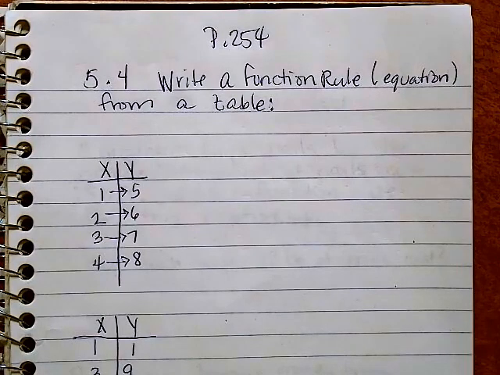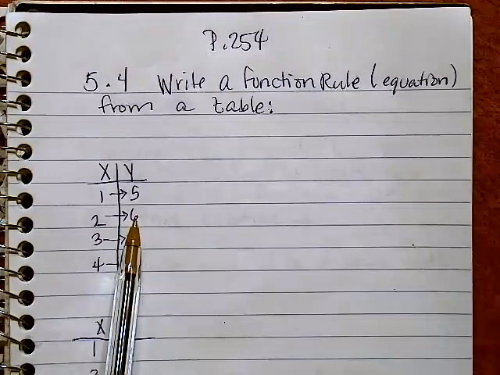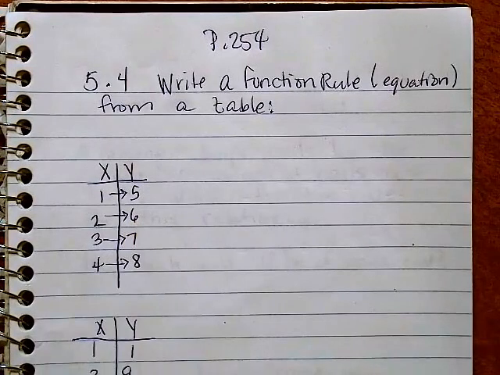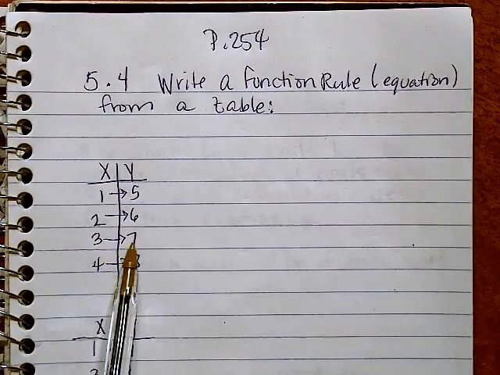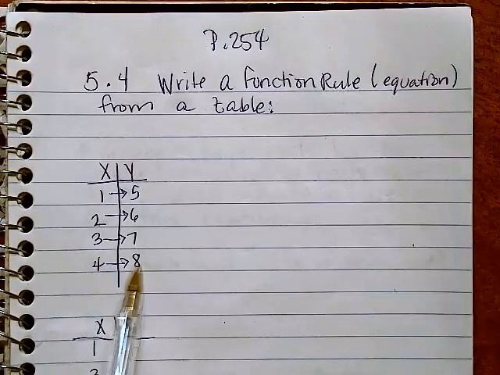Now, one of those is going to work for the next set of numbers and one might not. What is it that I can do to turn 2 into 6? Well, I can multiply it by 3 or I could add 4. So, adding 4 has worked for the first two. Let's see if it works for the next one. 3 changed into 7 by adding 4. 4 changed into 8 by adding 4.